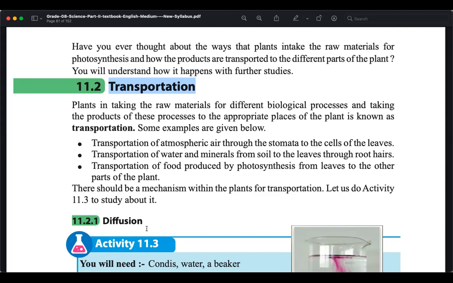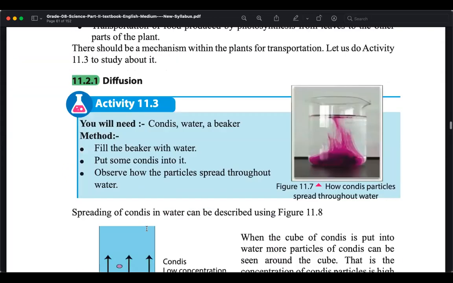So what is diffusion? I defined that. Some volatile material can spread from high concentrated areas to low concentration. That is called diffusion.